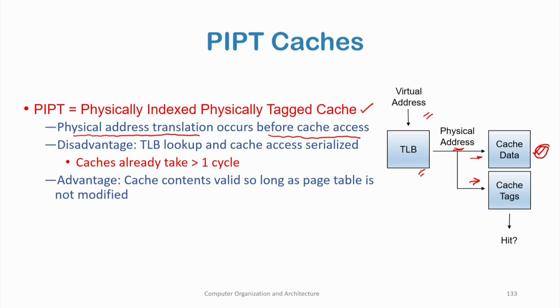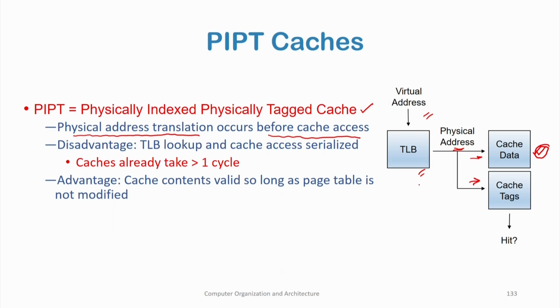If the page is not present in the TLB, if there is a TLB miss, then we have to go to the main memory to fetch the required page table entry, and get the physical address. So, even if the data is there in cache, we may need to go into memory, because the page table entry corresponding to this data is not present in the TLB.